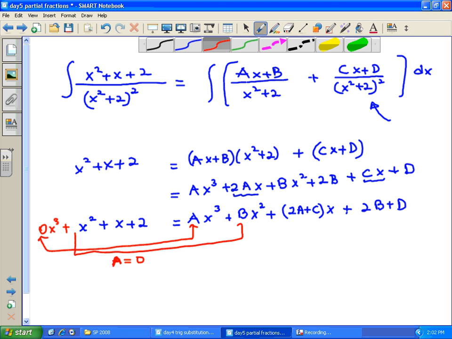The coefficient of x squared, which is just 1. Okay, as to the coefficient of x, 2a plus c must be equal to 1. And finally, the constant term, 2b plus d must be equal to 2.